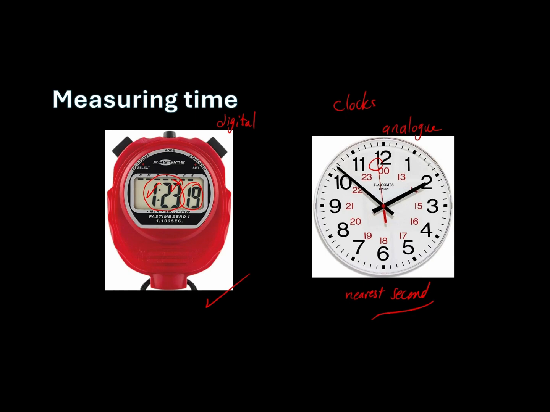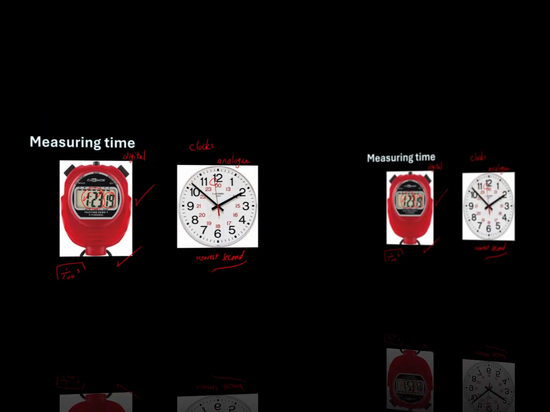So we measure here to the hundredth of a second. So this one is more precise because, as we said about the ruler, the smaller the grades, the more precise we are in our calculations, or in our measurements. This is very simple and very important at the same time.